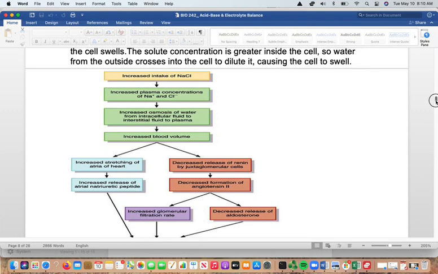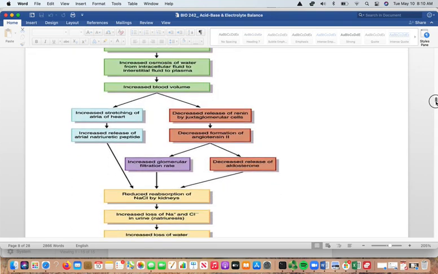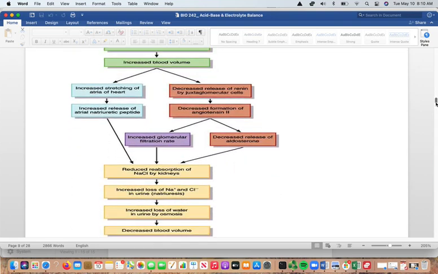This just looks at a flow of what happens when you increase the intake of sodium chloride, or salt. You'll increase the concentrations in the plasma. You'll have increased osmosis of the water from the intracellular fluid to the plasma to try and increase the blood volume. If you have increased stretching in the atria of the heart, you'll release the atrial natriuretic peptide.